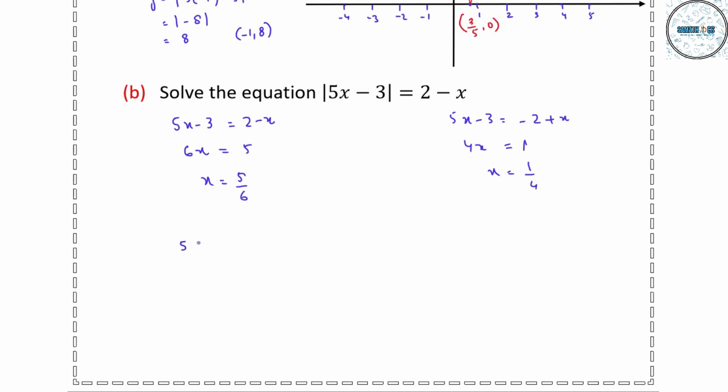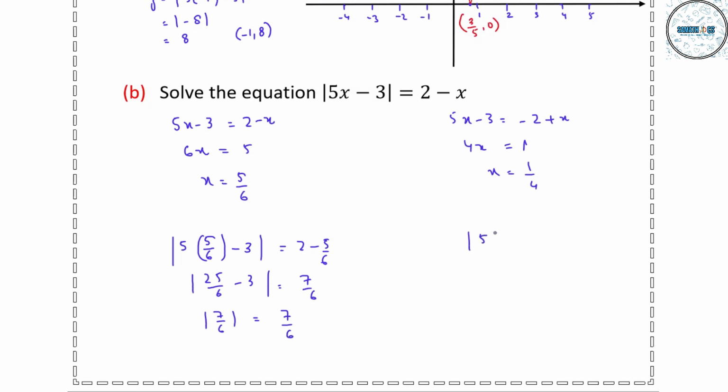Then we can check whether these values of x satisfy this equation or not. 5 into 5/6 minus 3 is equal to 2 minus 5/6. So we have here 25/6 minus 3 is equal to 7/6. Absolute of 7/6 is equal to 7/6, which satisfies the equation.